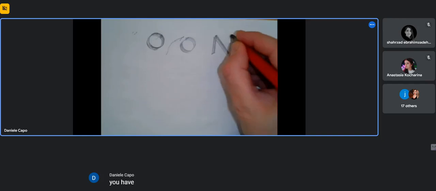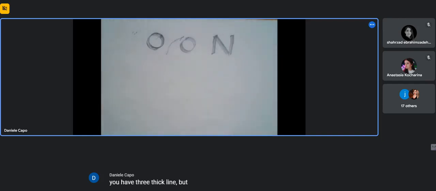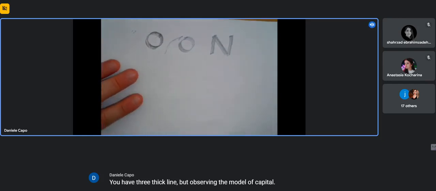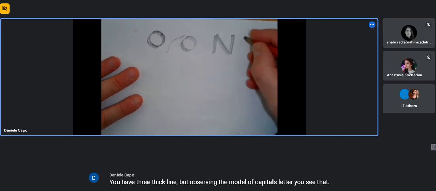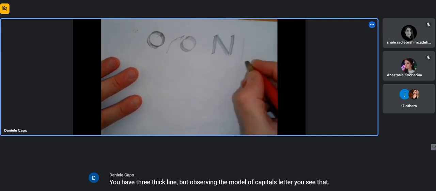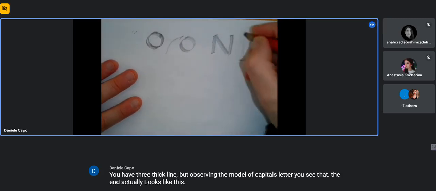You have three thick lines, but observing the model of the capital letter, you see that the N actually looks like this.